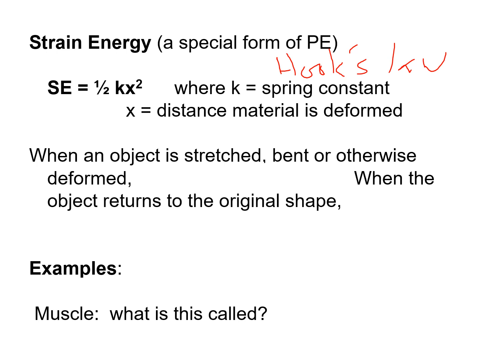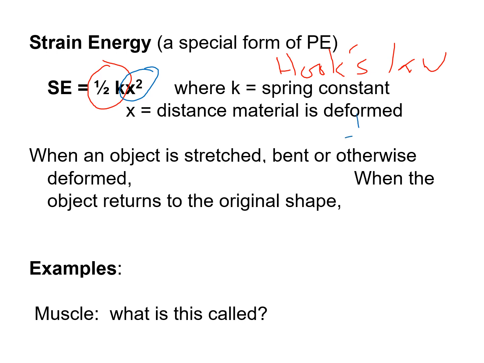And much like the kinetic energy equation, it's important to follow the order of operations here. So first, you take 1/2 of the spring constant, and then you multiply it by the distance of deformation squared.